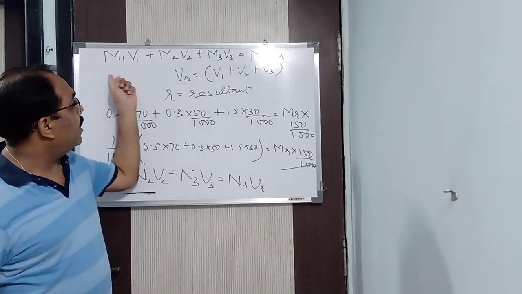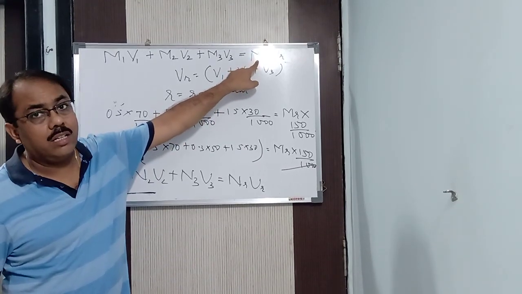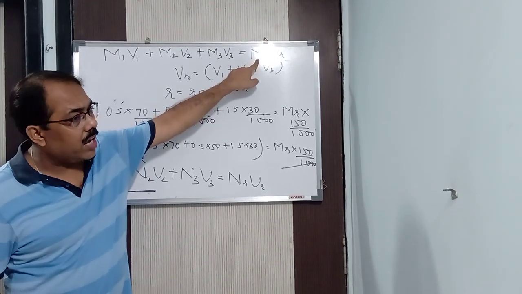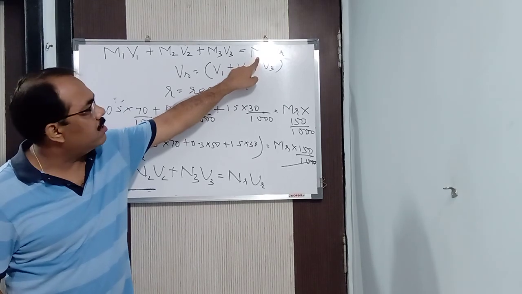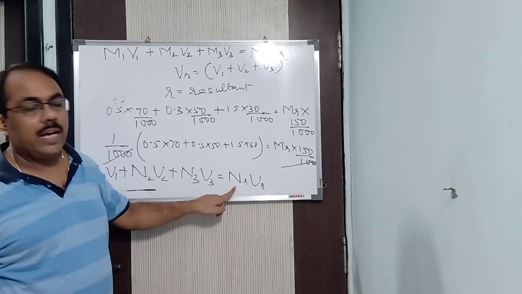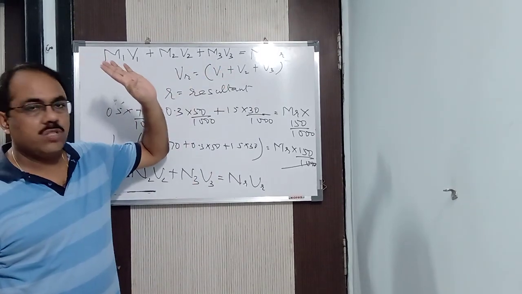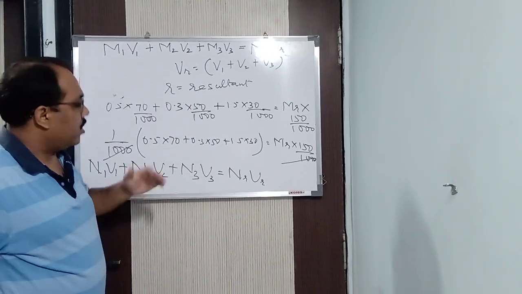This is the resultant concentration. If the question is in molarity, this is resultant molarity. If the question is in normality, this is resultant normality. It can be calculated using this particular formula. In this way, we can calculate it.